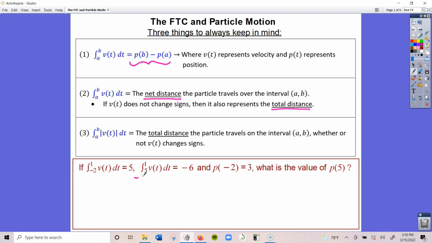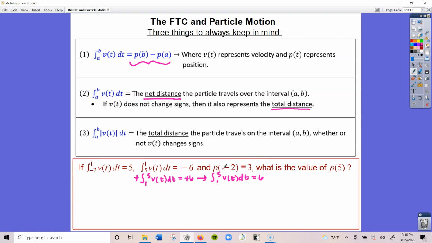So this will be the integral from 1 to 5 of v of t dt, which is equal to -6. If I divide by negative to both sides to get rid of this here, then that would mean that the integral from 1 to 5 of v of t dt is equal to 6.